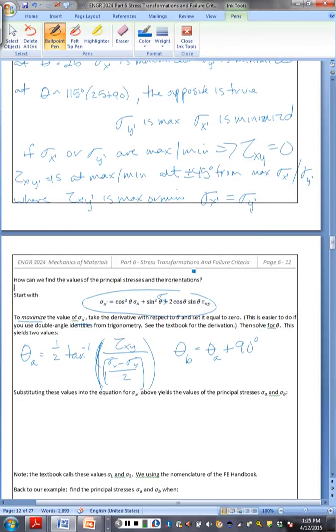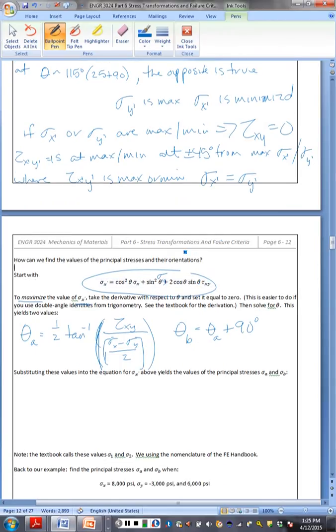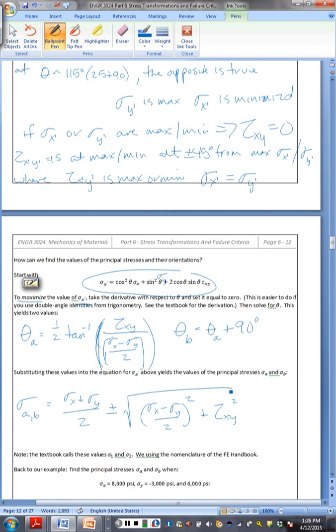If we then take those angles and put them back into the expression for the transformed normal stress in the x direction, we get that the normal stresses at this angle A and angle B are the mean of the untransformed normal stresses plus or minus the square root of this difference squared and the shear stress squared.